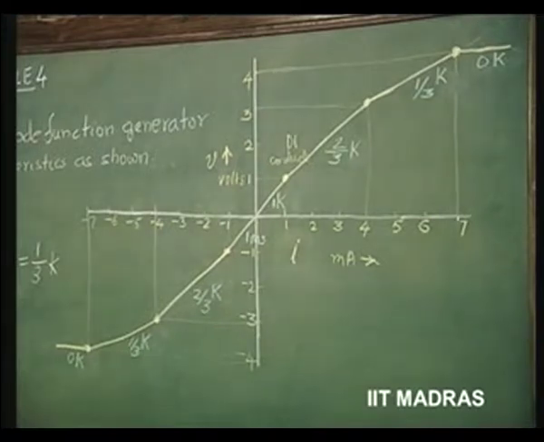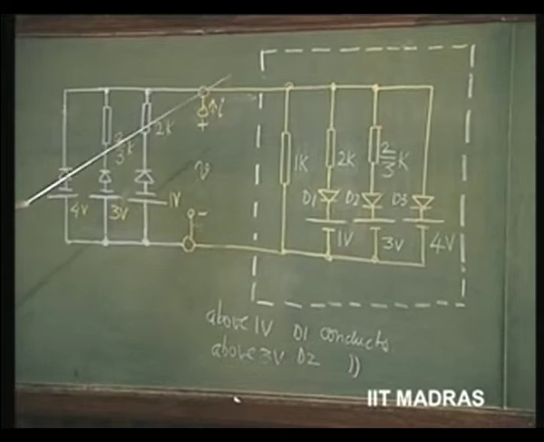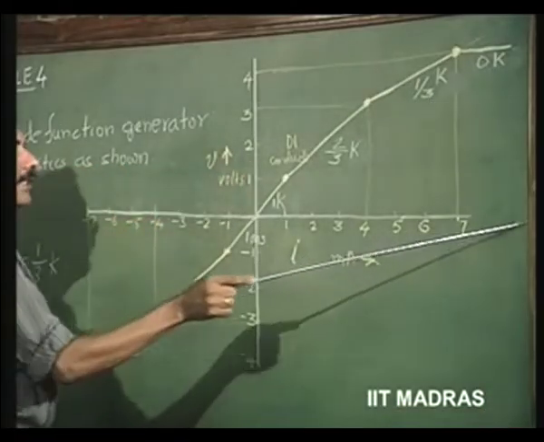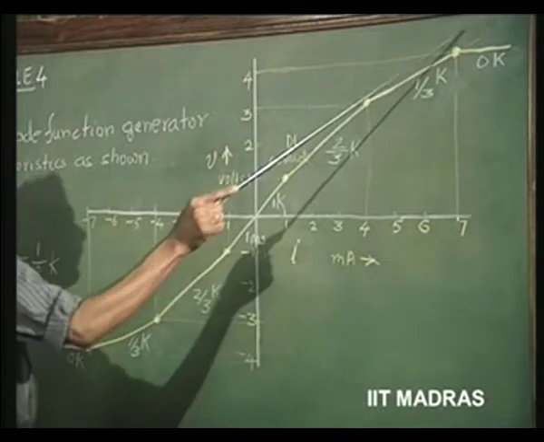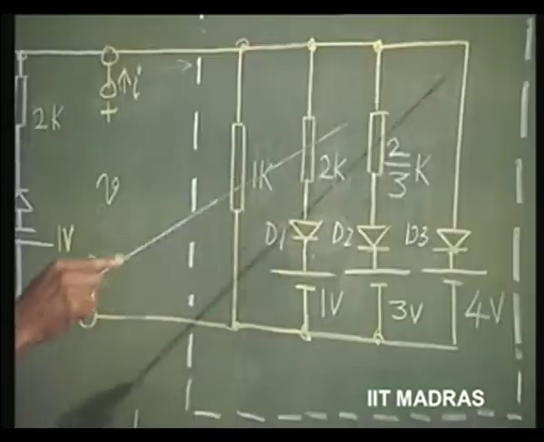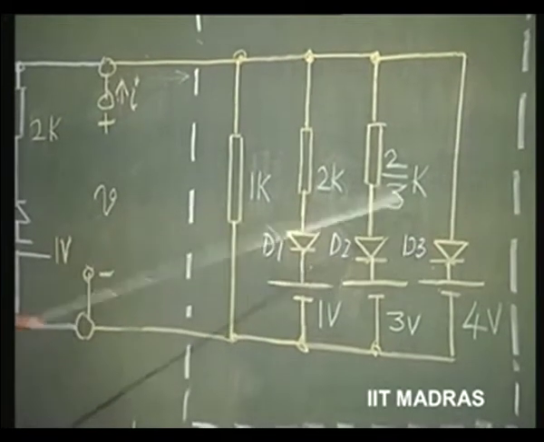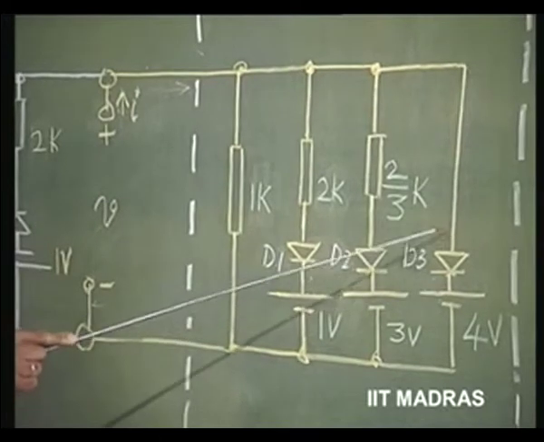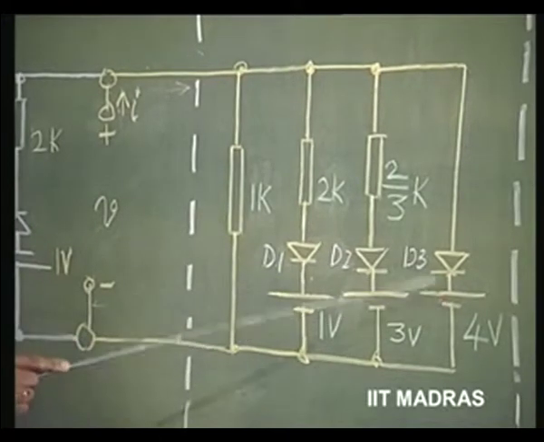It should be a short circuit. That means the voltage has to be maintained at 4 volts irrespective of the current increase. So, the slope is 0 k. What it means is there should be no resistance brought in shunt the moment this voltage reaches 4 volts.